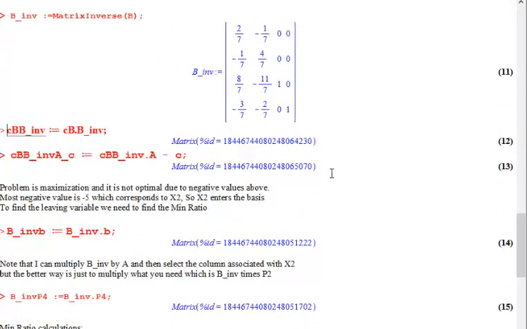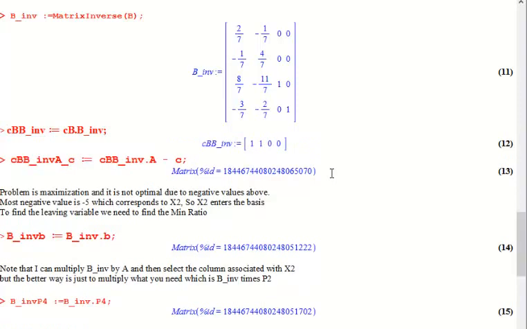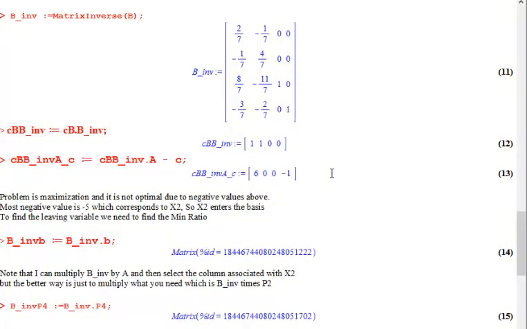I will find the B inverse, CB B inverse, and CB B inverse A minus C. These two again are my optimality condition, and as I look in here, I notice that there is another negative number. So the associated variable with this one, which happens to be S1, is going to enter the basis.